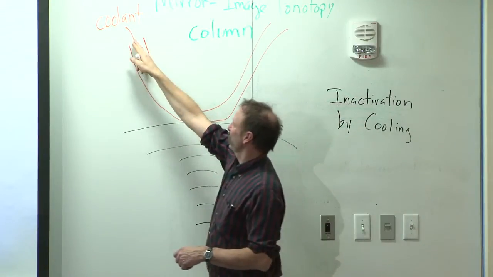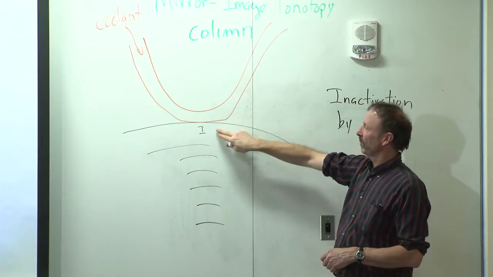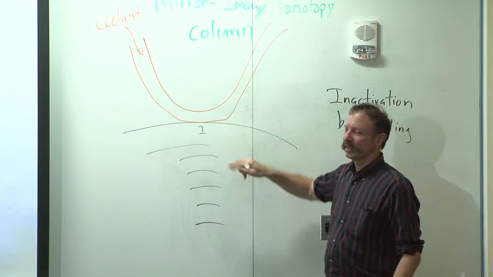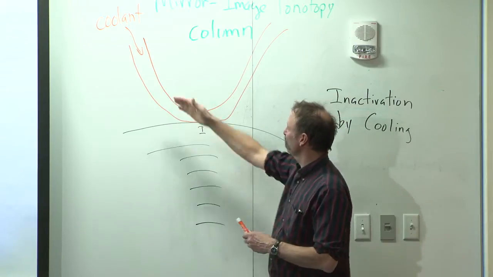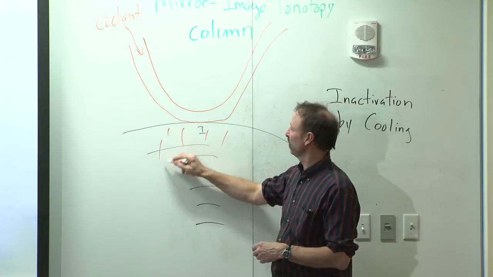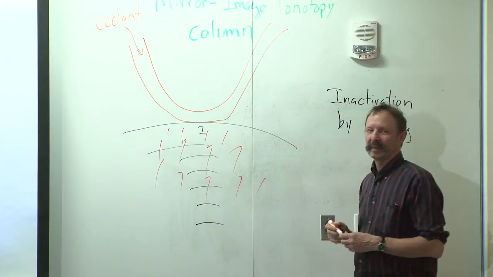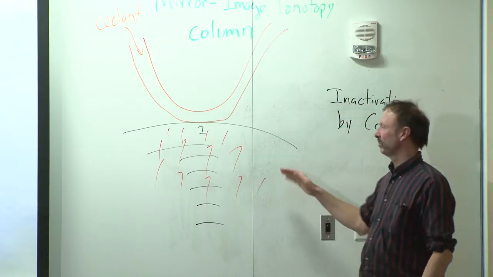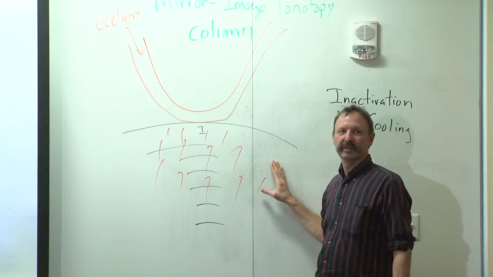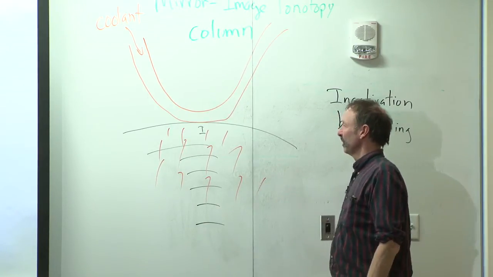You can put this coolant with a pump through this tube, and lay the tube right on the surface of the cortex. As the coolant comes through, it's going to cool down first the top layer of the cortex, and then the lower layers, and finally all of the cortex. You can assure yourself that this cooling has inactivated the cortex by doing things like recording evoked potentials.